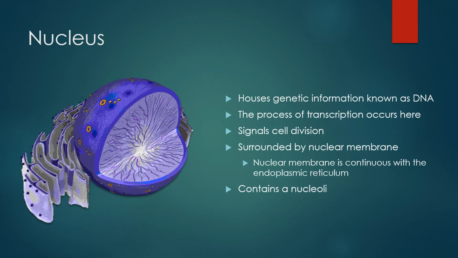So within the nucleus, genetic information is stored, replicated, and transcribed. A major component of the nucleus is the transcription factor, making copies of DNA segments into messenger RNA, mRNA.